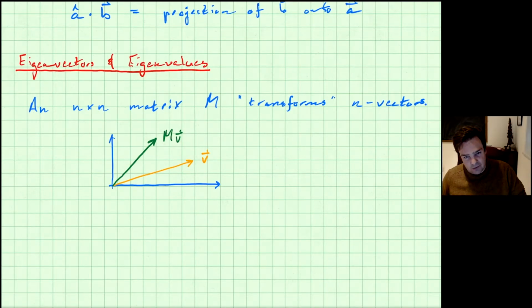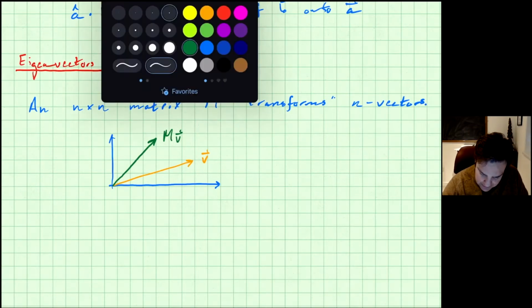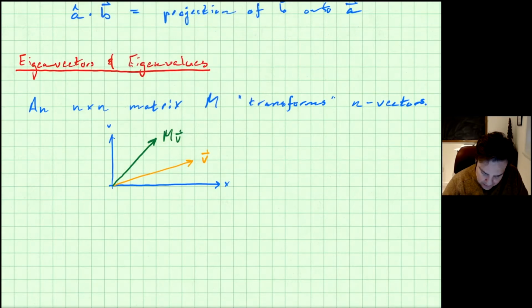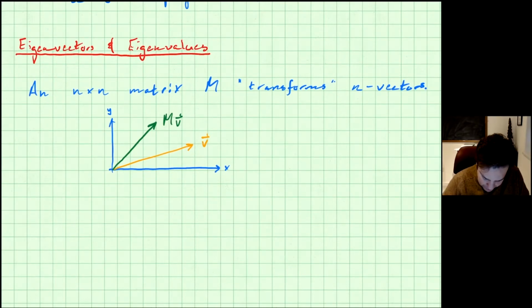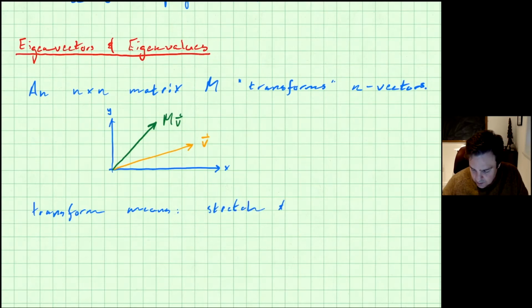M doesn't have to be square. You can transform a vector by bringing it into higher dimensions or down to lower dimensions. But having it square makes it easier for me to think of. So this is again meant to be like an x-axis and a y-axis, just a two-dimensional case I've drawn here. And what we mean by transform here is stretch and possibly rotate.